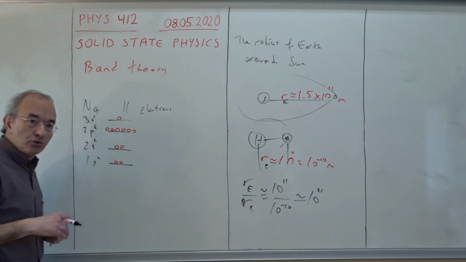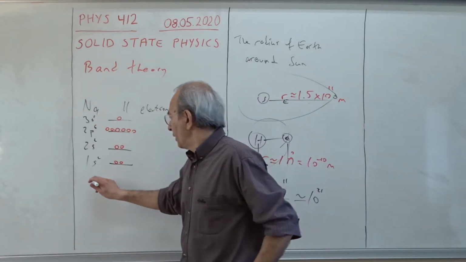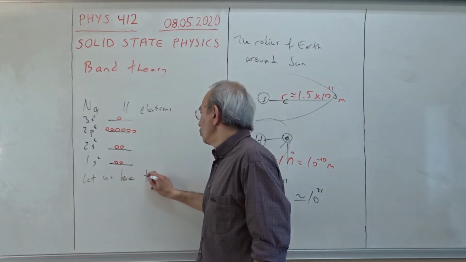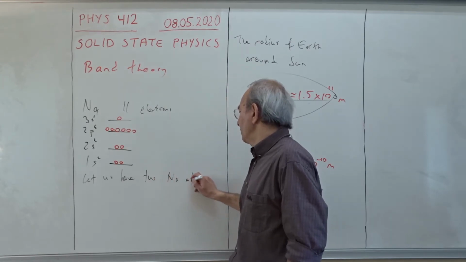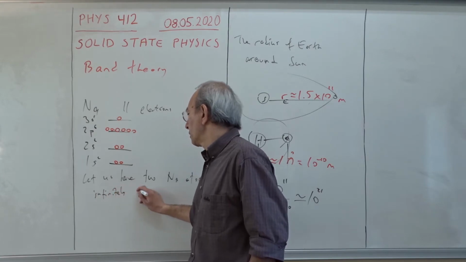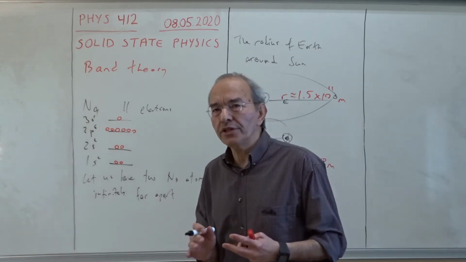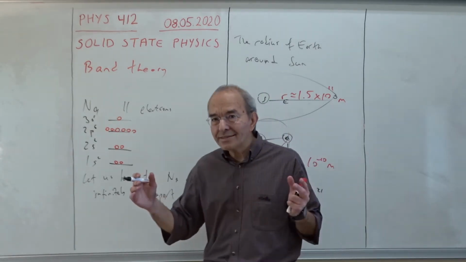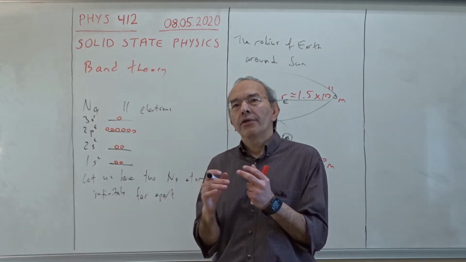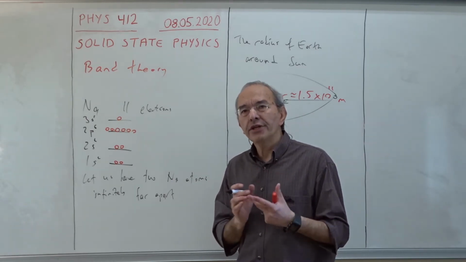If we have only 2 sodium atoms, infinitely far apart at the beginning, infinitely far apart means they do not affect each other. But as the distance between them decreases, as they get nearer and nearer, these orbitals, these electrons will start to affect each other.